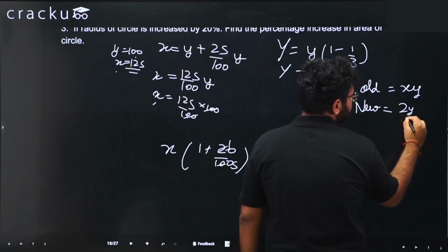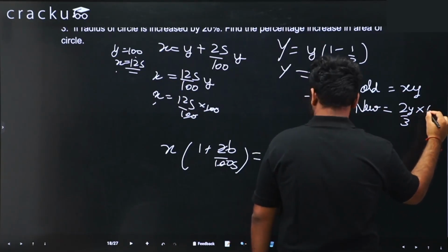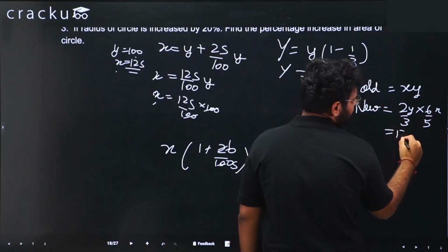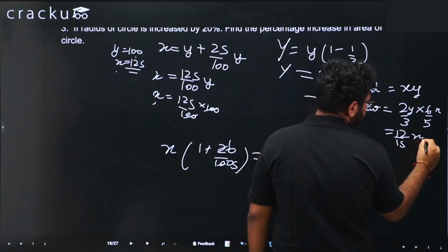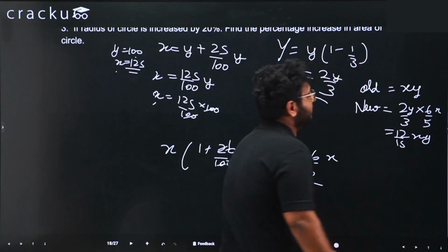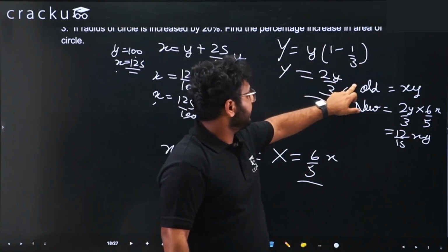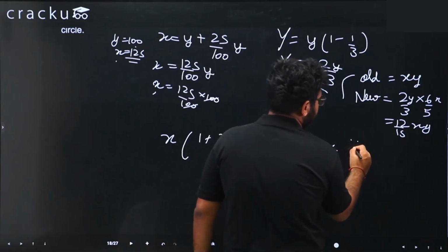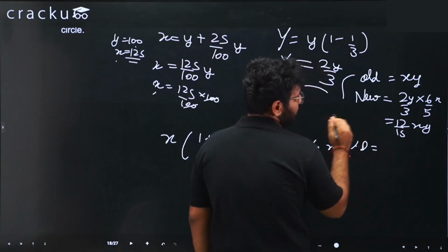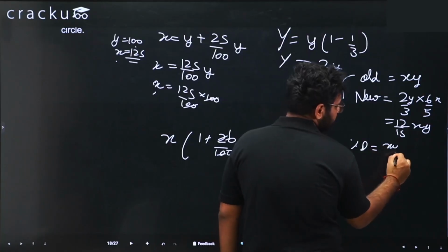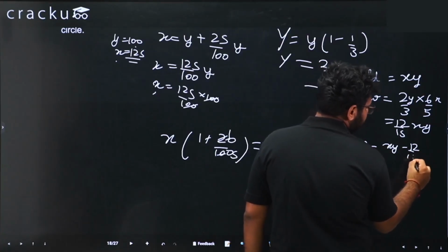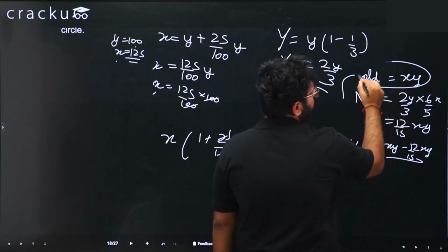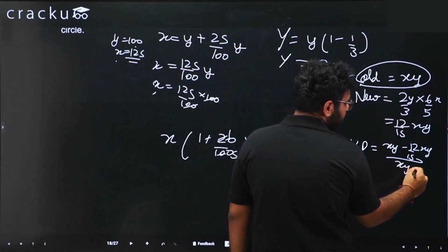So 2Y by 3 into 6X by 5, which is equal to 12 by 15 XY. We know 12 by 15 is less than 1. So the new area is less than the old. So the percentage decrease will be equal to the decrease, which is XY minus 12 by 15 XY, divided by the original, the old XY, into 100.